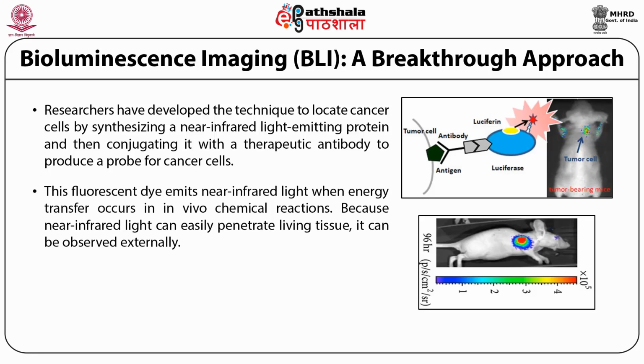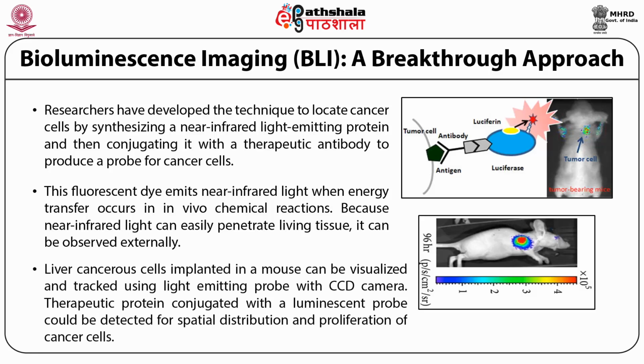This fluorescent dye emits near-IR light when energy is transferred in vivo by chemical reactions. Because near-IR light can easily penetrate living systems, it can be observed externally. And liver cancerous cells implanted in a mouse can be visualized and tracked using the light-emitting probe with a CCD camera. Therapeutic protein conjugated with a luminescent probe could be detected for the spatial distribution and proliferation of cancer cells.